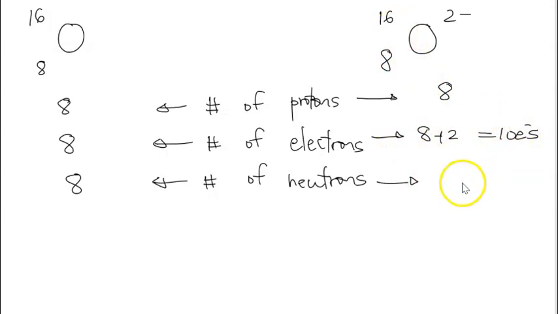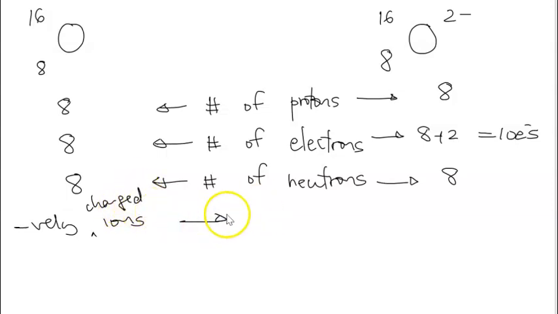Number of neutrons, 16 minus 8. For our negatively charged ions, what we do is we gain electrons.